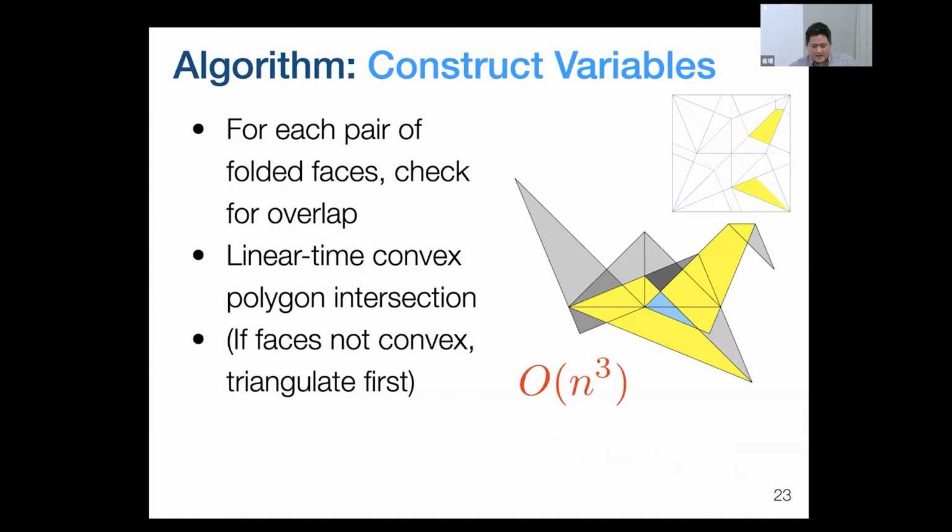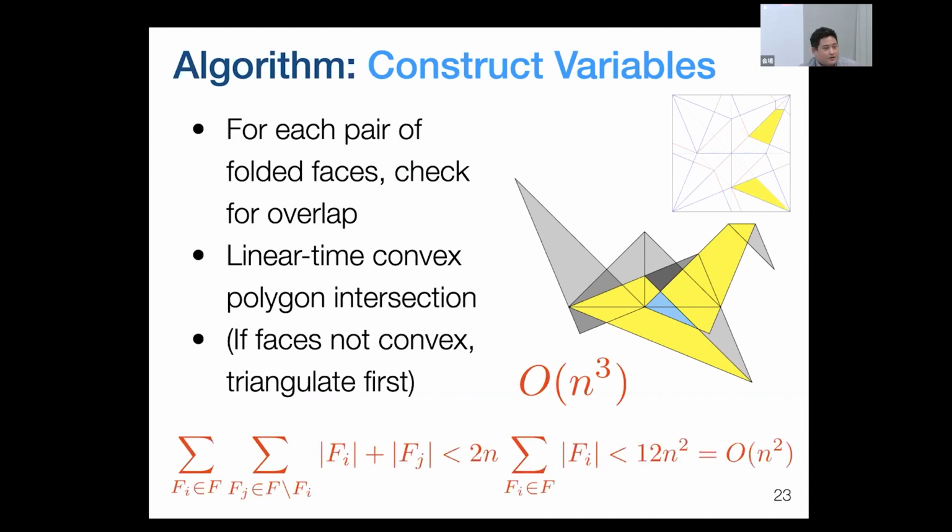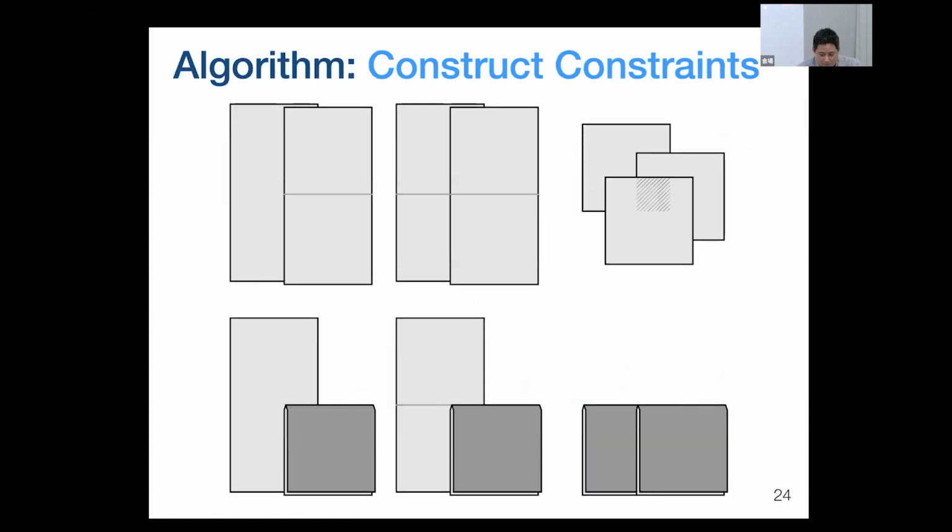And this can clearly be done in cubic time for every pair of faces. We can compute their intersection, but actually we can take advantage of the fact that the crease pattern is a planar graph. And for planar graphs, the average degree is constant, at most average 6. And so when you sum this up, actually computing these all can take quadratic time instead of cubic time.